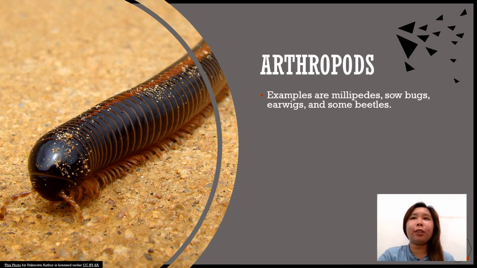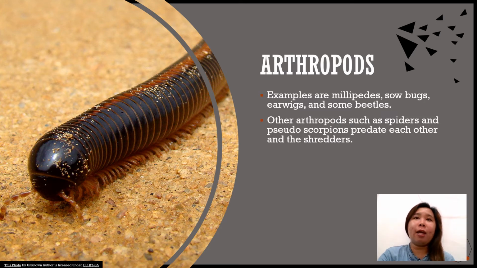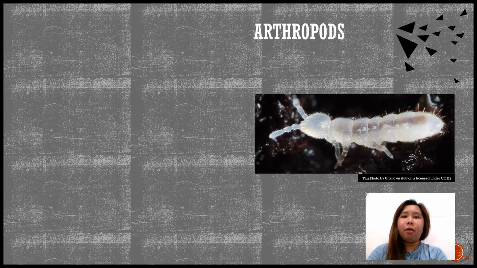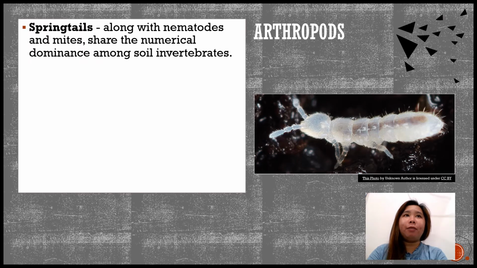Other arthropods such as the spiders and pseudoscorpions prey on each other and the other shredders. The results of all of this frenetic interaction are copious streams of recycled organic material and body parts circulating throughout the soil ecosystem. Another example of arthropod is the springtail.